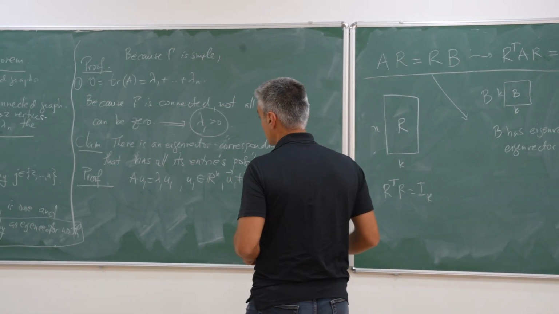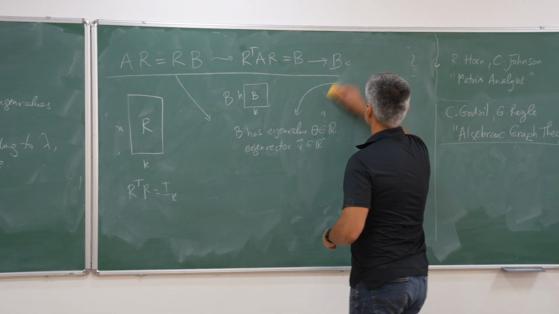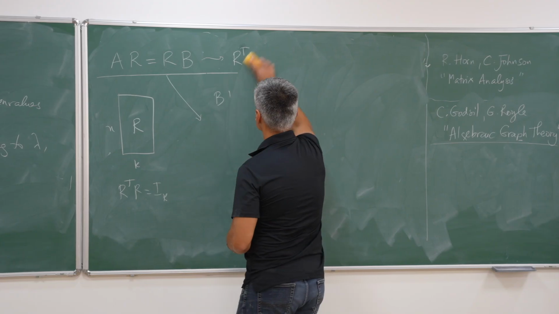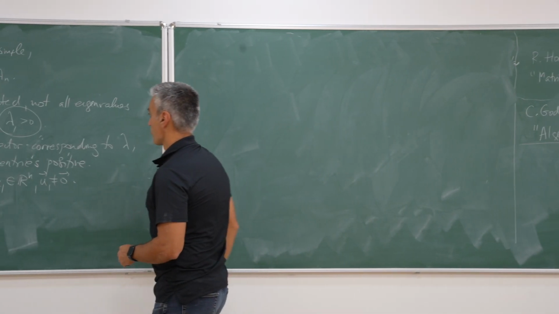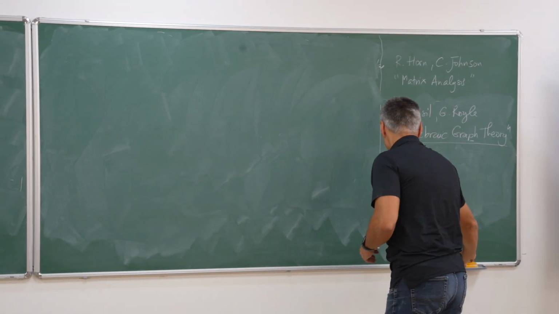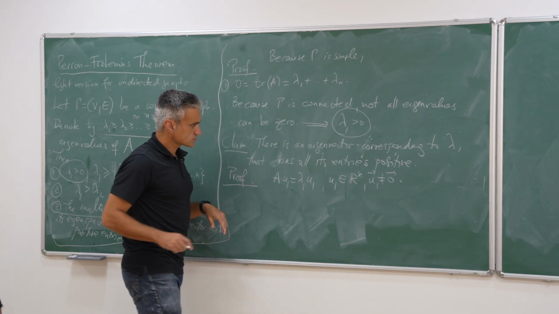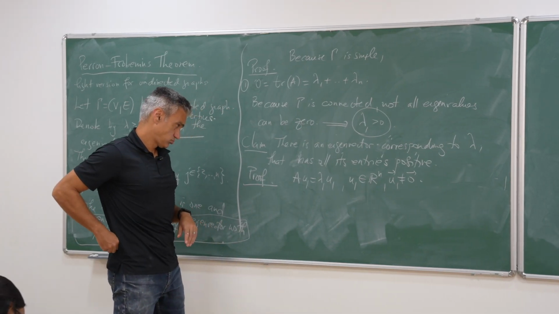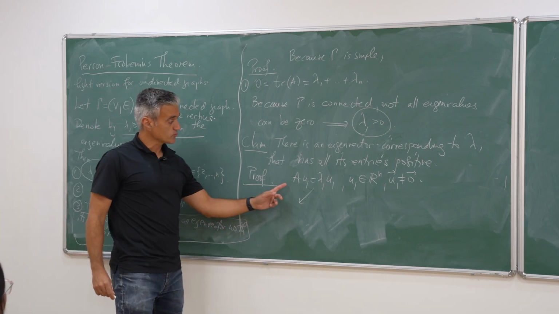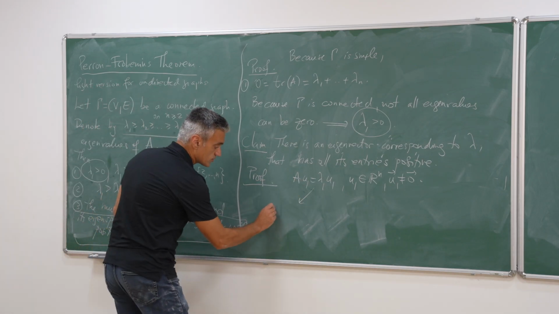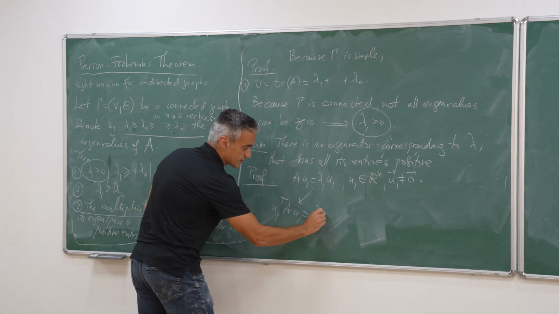Okay, so I'll give you a couple of proofs of this statement. Here you see this will come up because we'll talk about Rayleigh quotients and so on. Whenever you have A u1 equals lambda u1, you multiply to the left by u1 transpose, and you're going to get something like this.